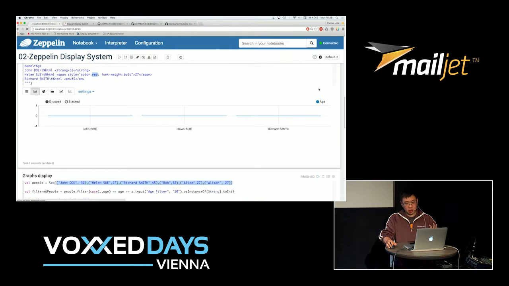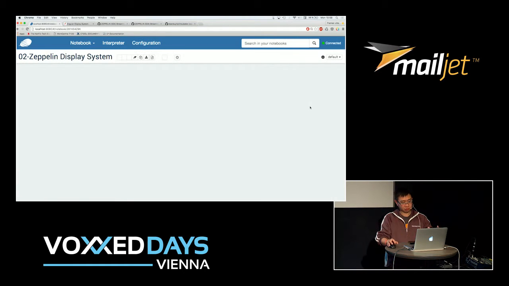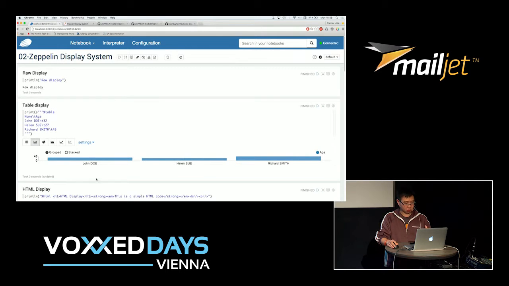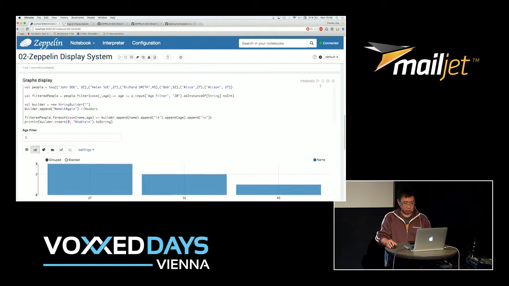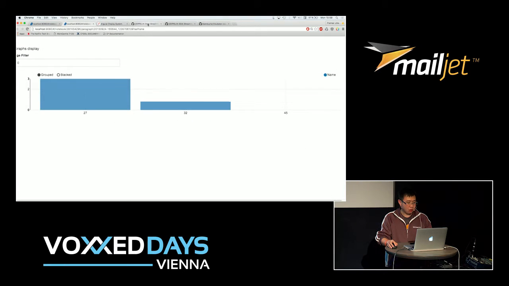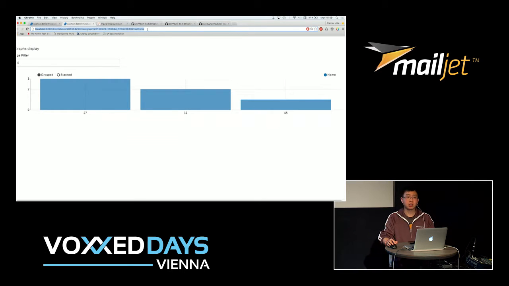So the idea is I want to be able to export the content of my page, my graph, into another web page. So here, just click link this paragraph, and now you have a web link. Okay, you can put inside another web page.